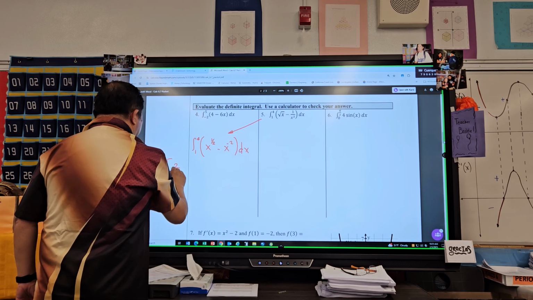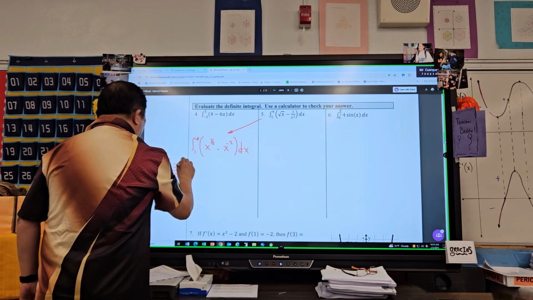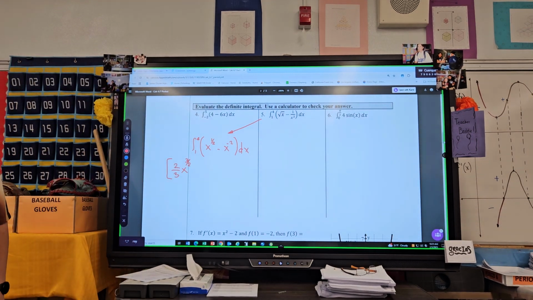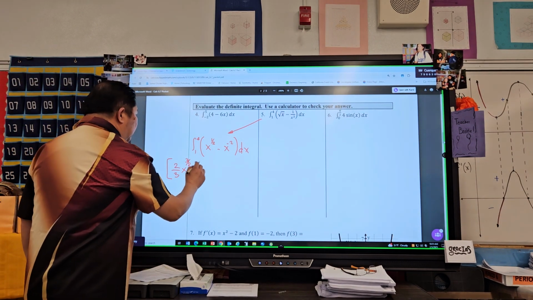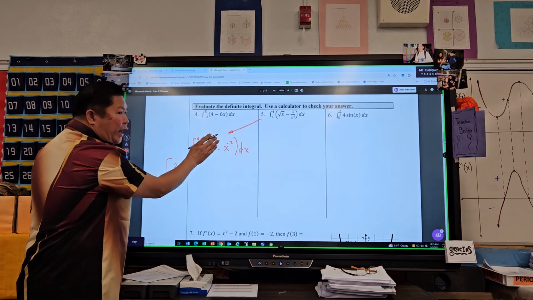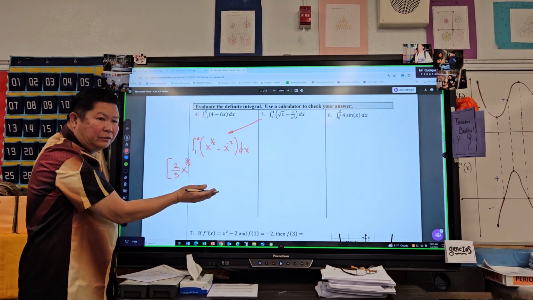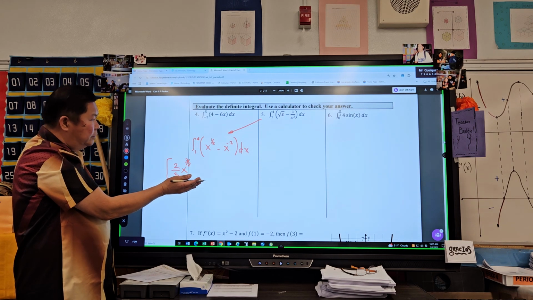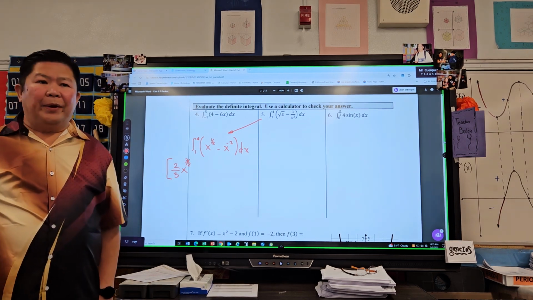So 2/3 x to the power of 3/2. And then negative 2 plus 1 is negative 1, then bring it down to make it positive.